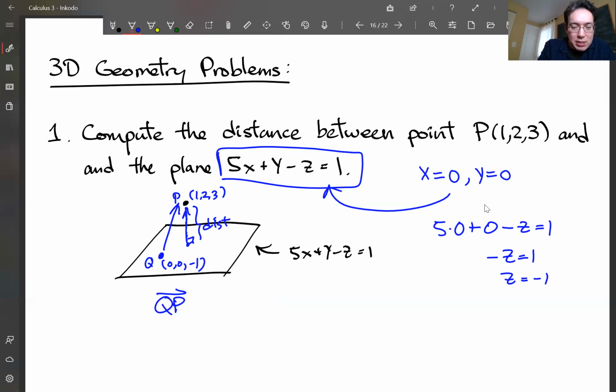Okay, I hope that made sense. I'm going to first find the vector from Q to P. So I'm going to take the coordinates of P and subtract the coordinates of Q from it. So 1, 2, and 3 minus negative 1 is going to be 4.